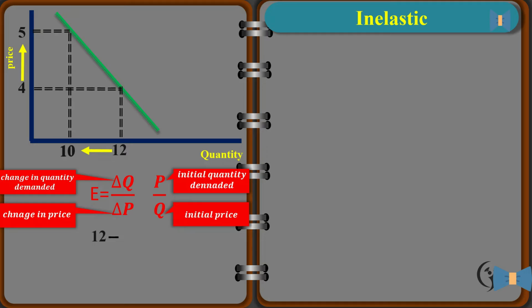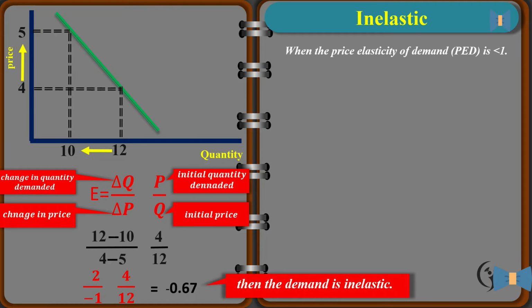So by using this calculation, the change in quantity divided by the initial quantity, over the change in price divided by the initial price, we will get the answer 0.67 because it is less than 1. If it is less than 1, it is called inelastic.